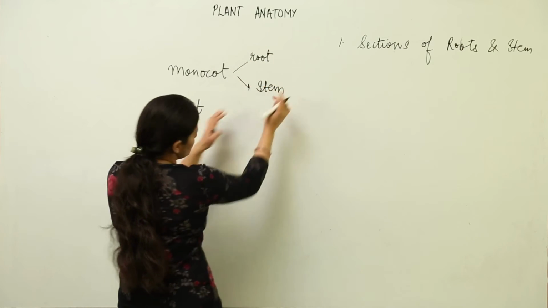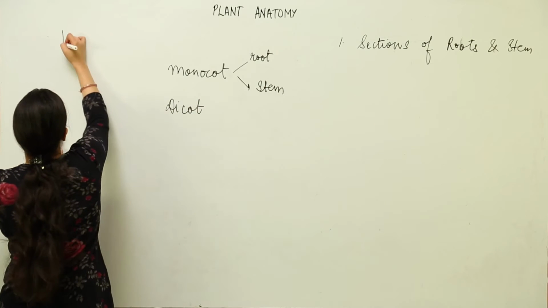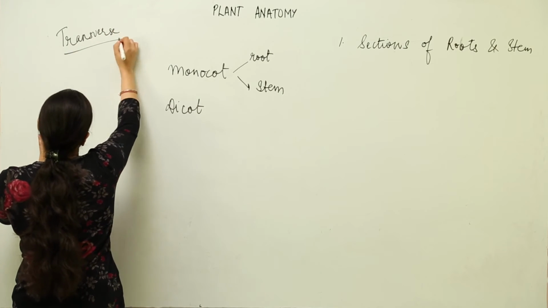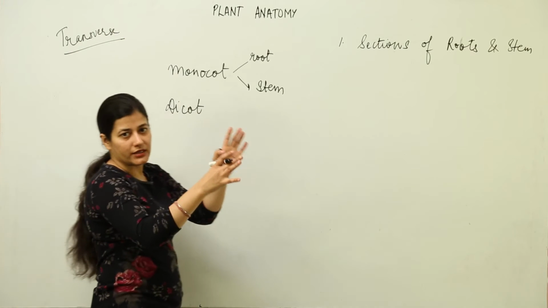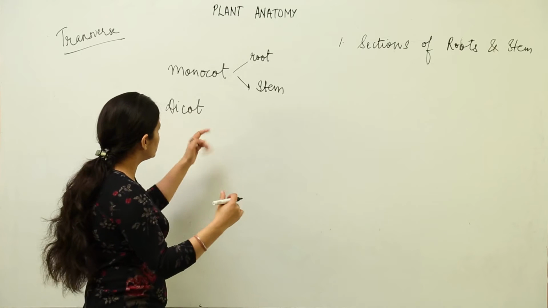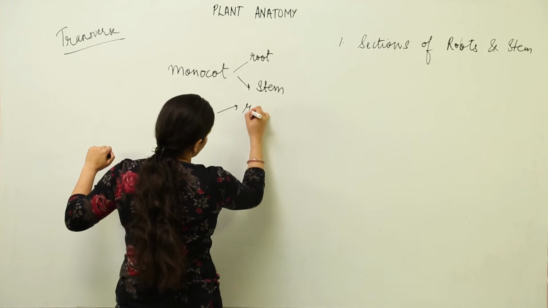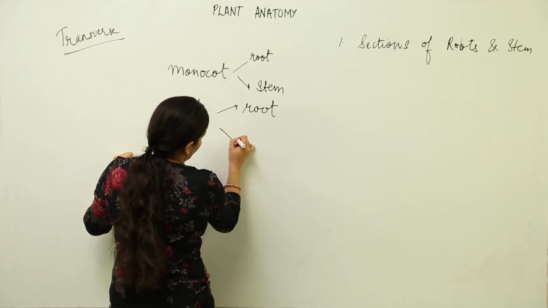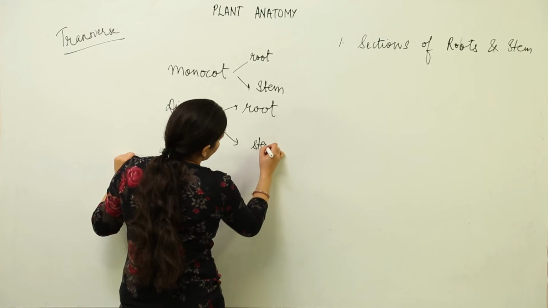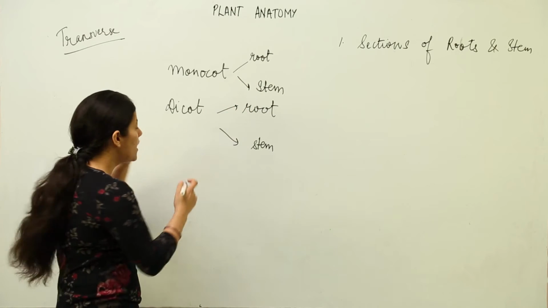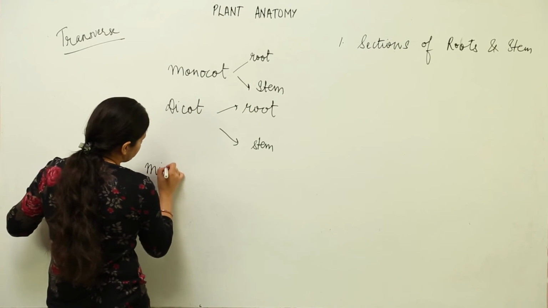In your syllabus, you have to deal with transverse sections. We have enough lectures dedicated to understanding what a transverse section is, what a ventral section or vertical section is. Then in the case of dicot plants, we are going to see again the section of root, a dicot root and a dicot stem. So we are done with two parts of the plants. We are going to see how they look at microscopic level.